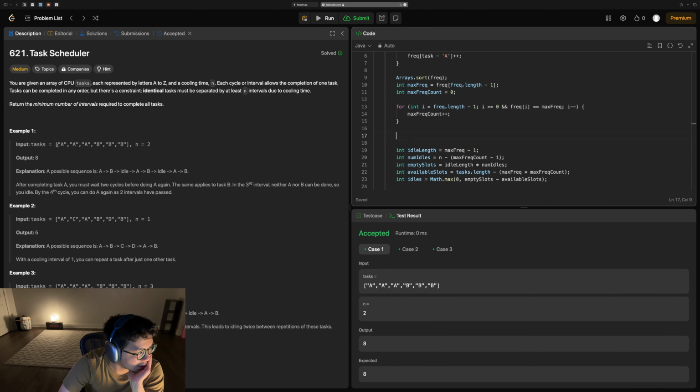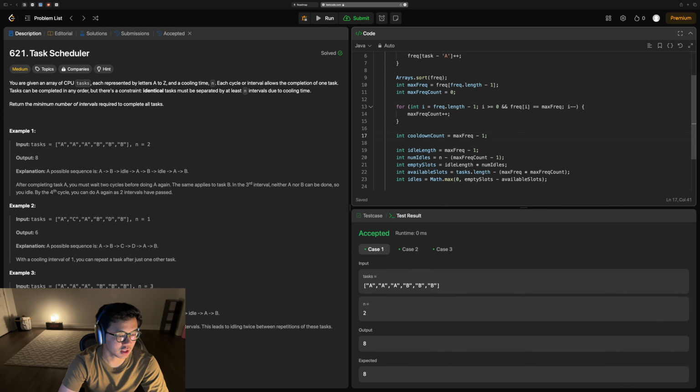So when we have the max frequency, that means we know how many times we need to cool down. So cooldown count is max frequency minus 1. Okay, that makes sense.